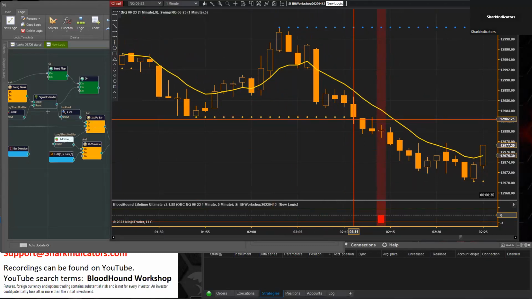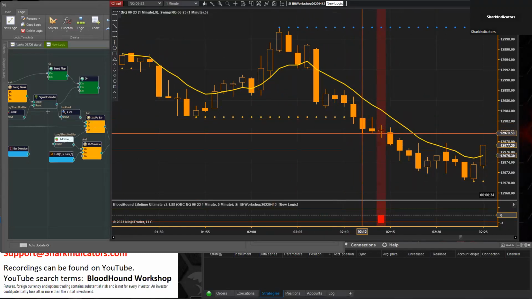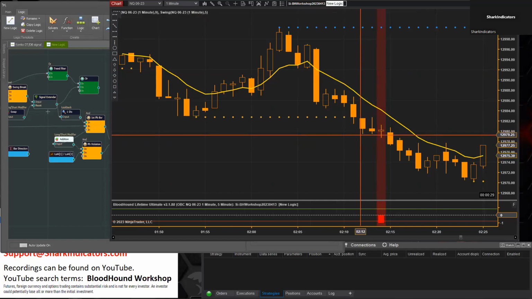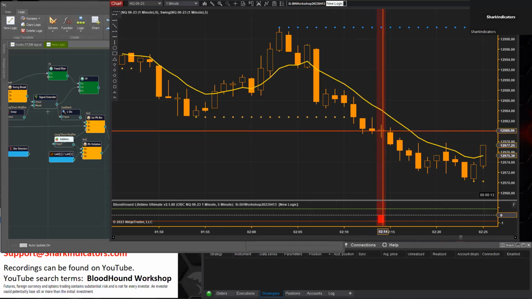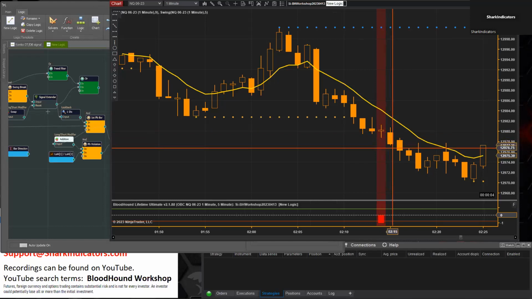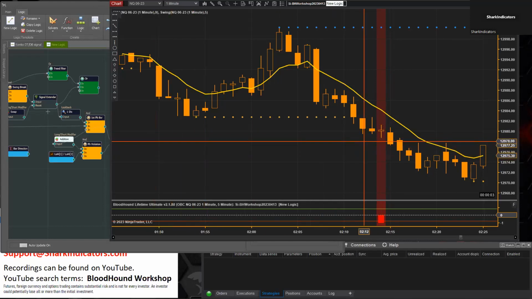We get a swing break, and then we actually get an extension. Those are equal, so I guess that would be an extension. But then we get an up bar, a bar in the reverse direction, so that would be our first pullback bar. And then it immediately gets violated. So there. All right.